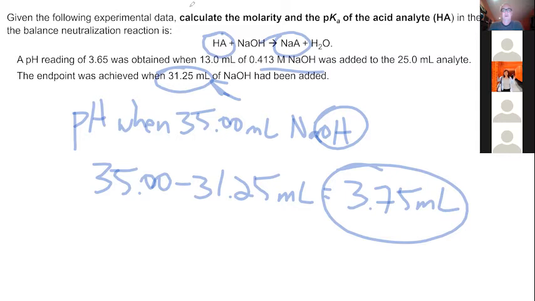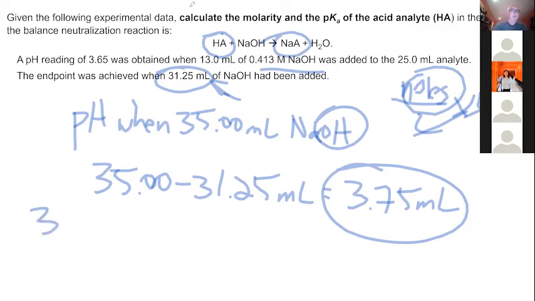What's concentration times volume? Moles, exactly, because it's just moles per liter times liters. That's moles. So we can figure out the number of moles of hydroxide that are left over.